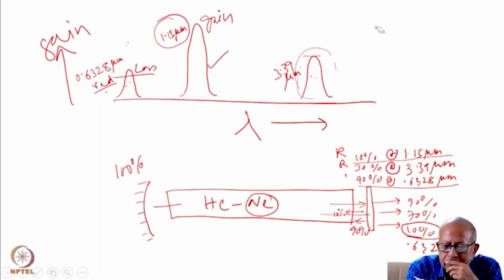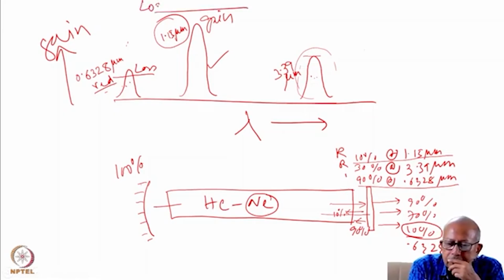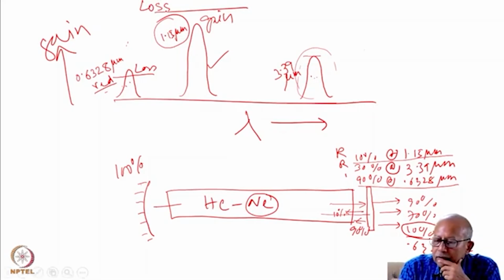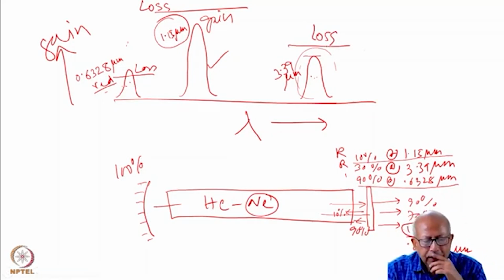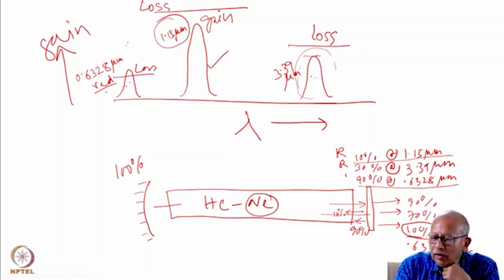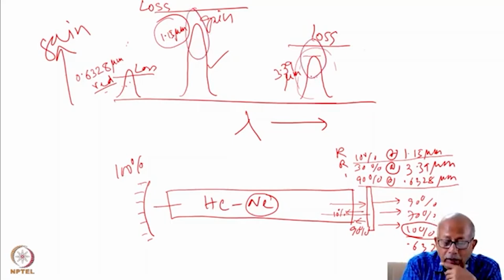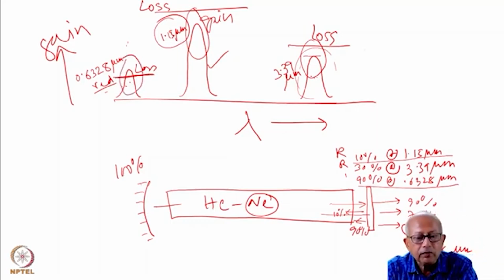And for this, the loss line is located here. And for this, suppose the loss line is here. So now see, in this case, lasing cannot occur on either this line or this line, although they have high gain. Why? Because the loss of this line is much less. It will allow lasing to occur on this wavelength.